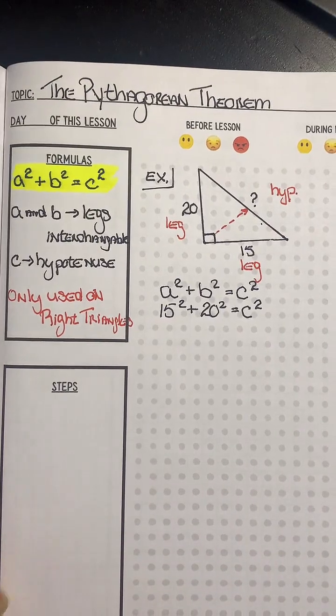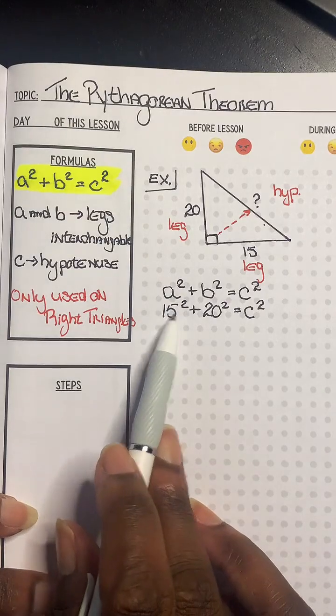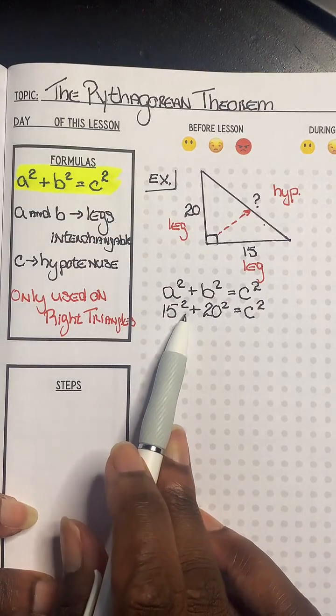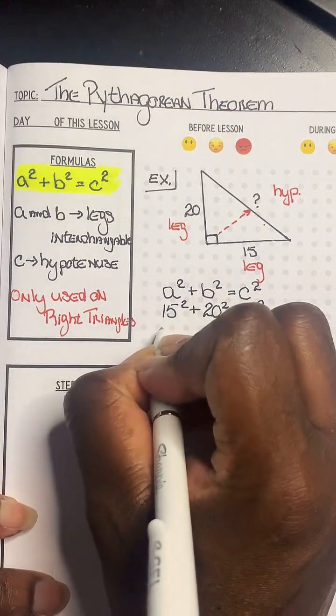Now we just need to know 15 squared. That does not mean 15 times 2. That's not 30. 15 squared means 15 times 15. So 15 times 15 gives us 225.